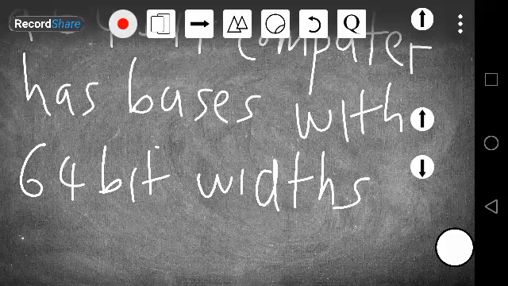So a 64-bit is more advanced than a 32-bit. Back then, they used to be 16-bit and 8-bit computers. So due to technology, it keeps upgrading. Now we have 64-bit. Okay.